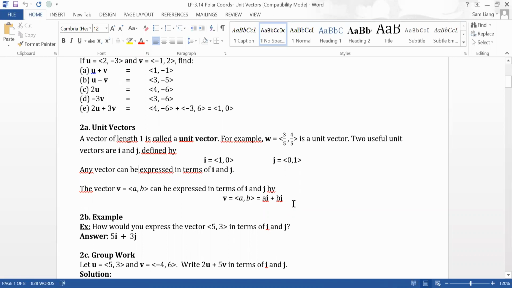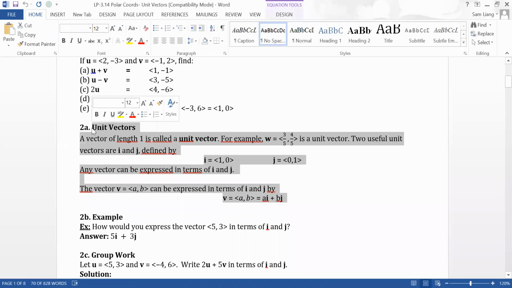As another reminder, the magnitude of a vector is the square root of a squared plus b squared. Yes, question? Why is W equals 3/5, 4/5 a unit vector?